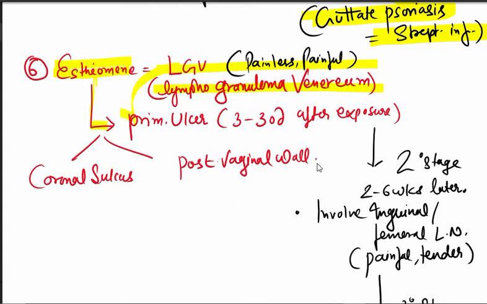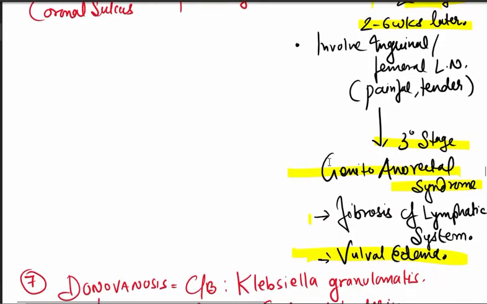Okay, let's continue. Esthiomene is caused by LGV. The primary ulcer occurs 3 to 30 days after exposure, and the secondary stage develops 2 to 6 weeks later, and this mainly involves inguinal and femoral lymph nodes that are painful and tender.